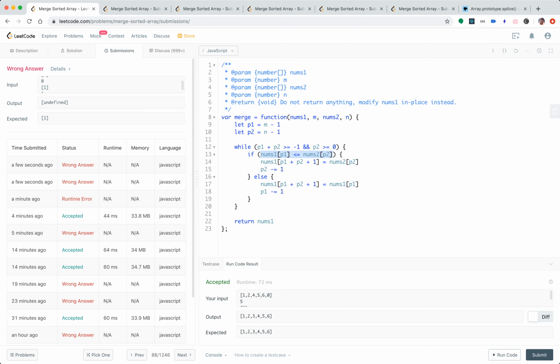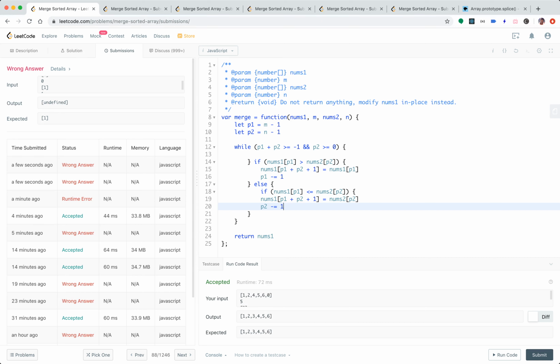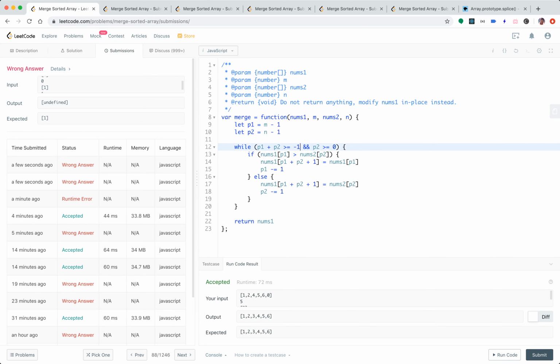It should be changing to this condition: if it is bigger than it, else we set it to nums2 because we're merging nums2 into nums1. So this should be that bigger than 0. Both of them, so we set minus 2, right?